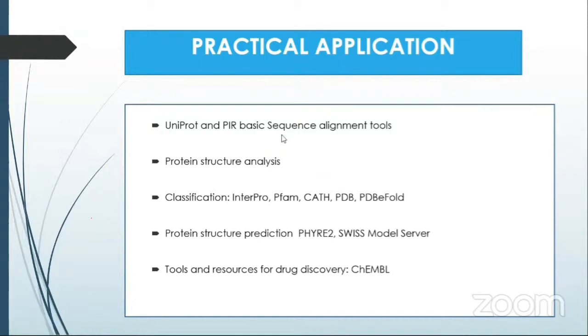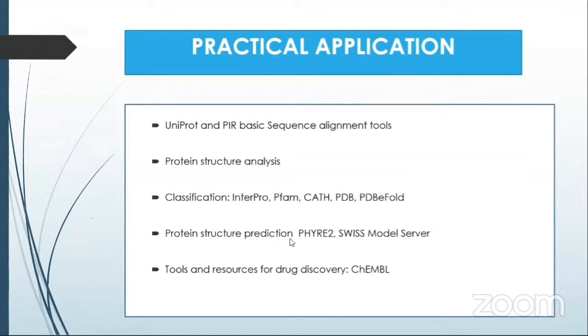That information you will get from the databases available on the bioinformatics platform, that is InterPro, Pfam, CATH, and the PDB database. PDBe-KB will provide you the 3D structure of the protein, whereas InterPro and Pfam provide protein information or the protein family with respect to classification.